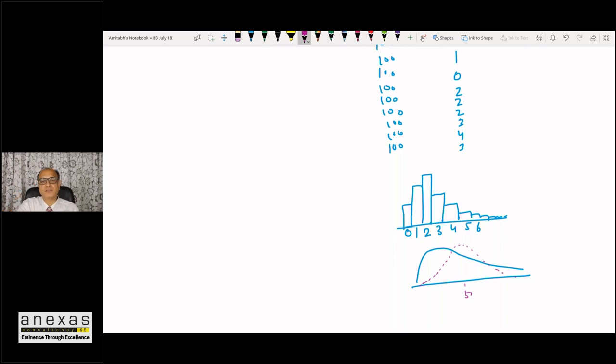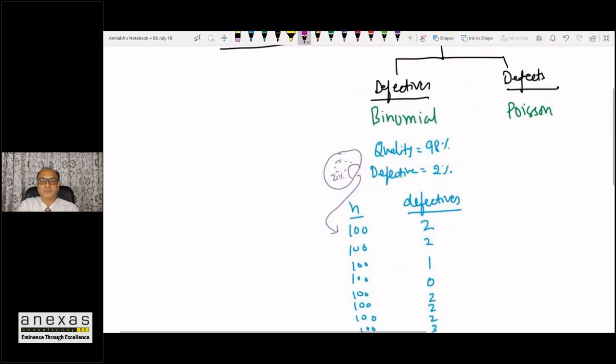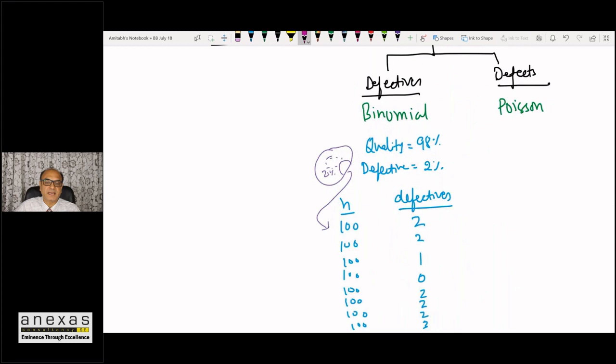Similarly, same thing with Poisson distribution. For binomial, n is 100 and defectives are 2. Here n is a very large number, like the number of complaints, defects. Generally, defects have a lot of opportunities, isn't it?